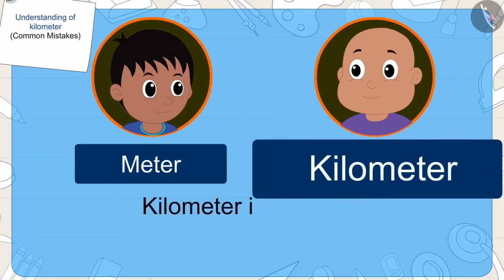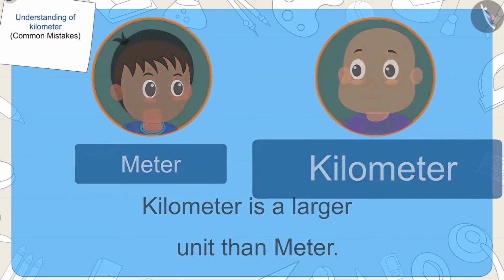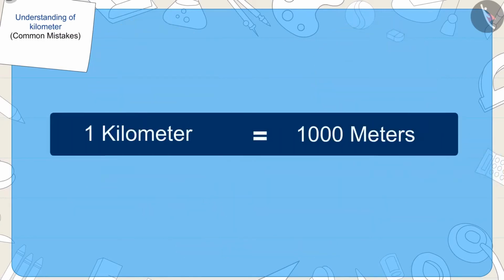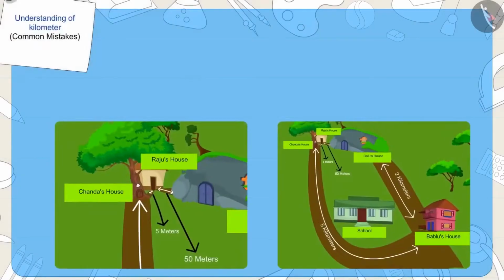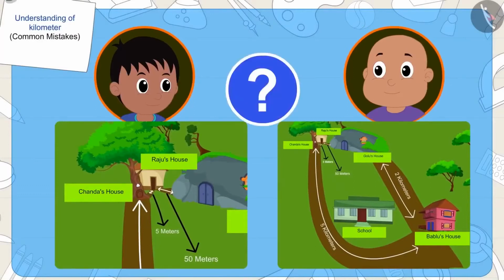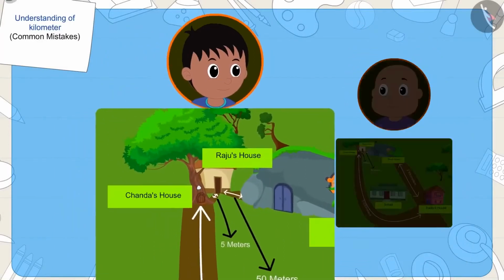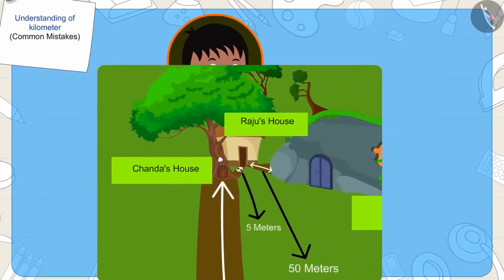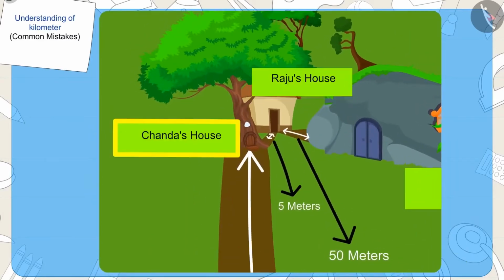Yes, kilometer is a larger unit than meter because 1 kilometer is equal to 1000 meters. So, whose point is correct? Right! Raju's argument is right. His house is closer to Chanda's house.